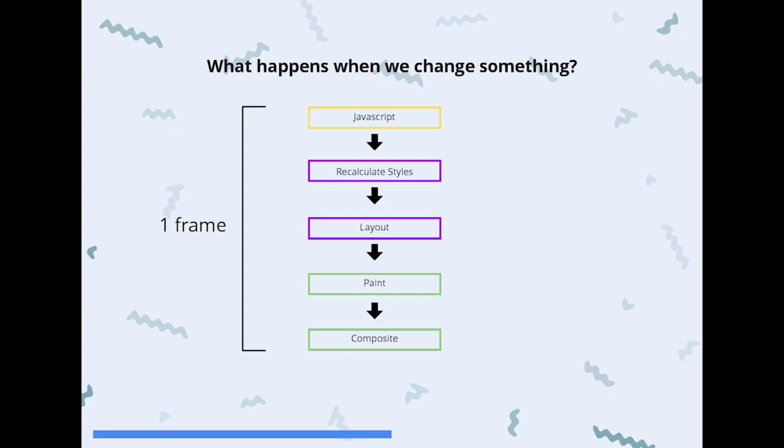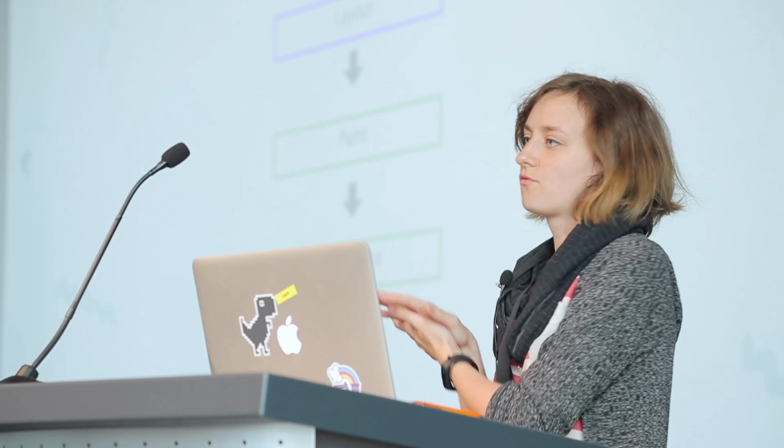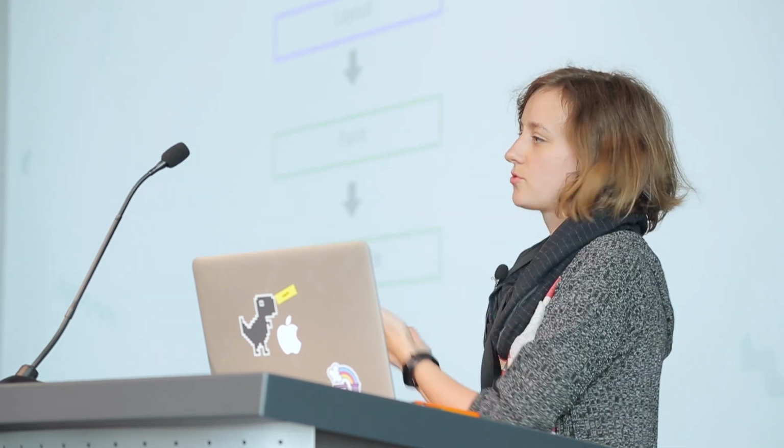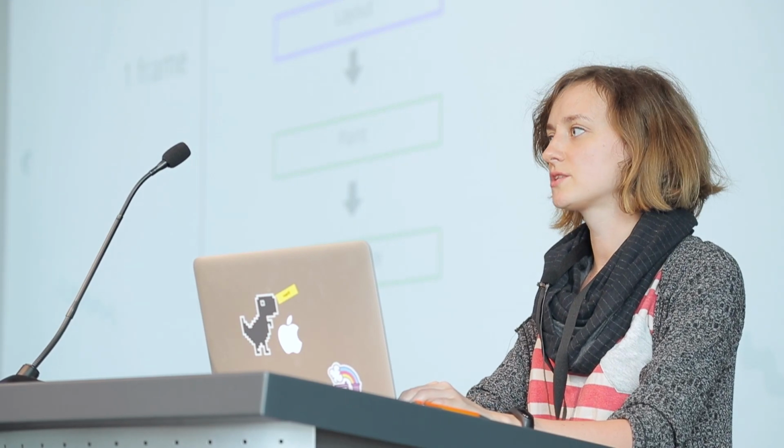And in the end, we have the composite step, and that's where the browser takes advantage of the GPU, and all the layers get glued together to one frame, and that's what's shown to the user. That happens in the last step. So all of this happens in one frame, and so when we change different things, it's gonna influence our performance.